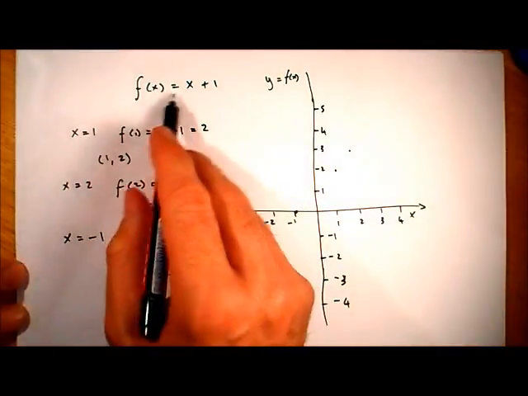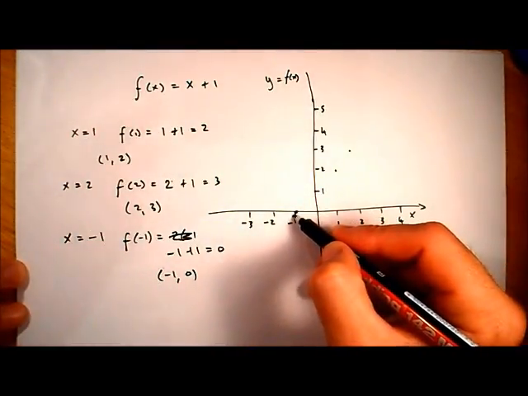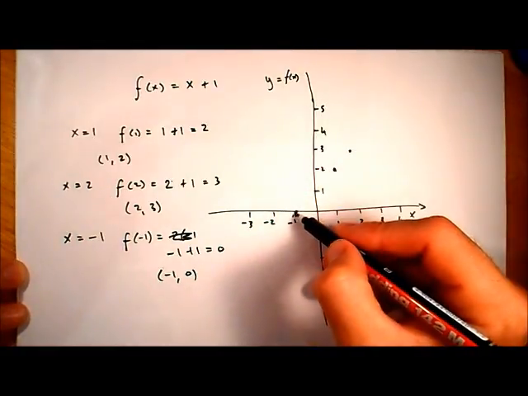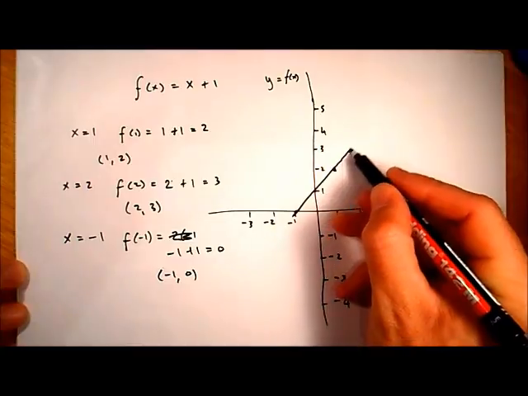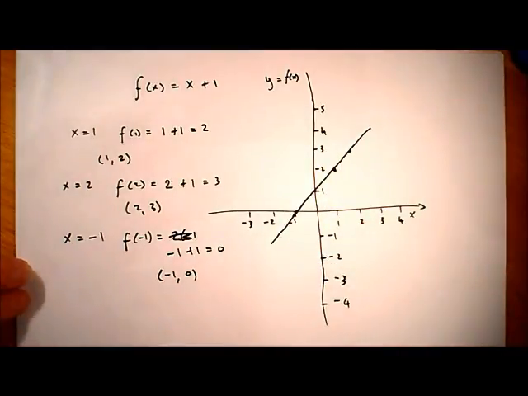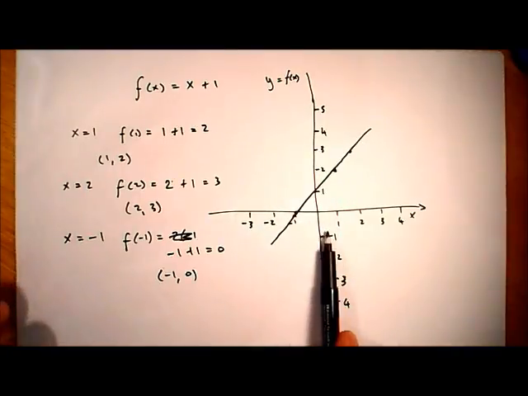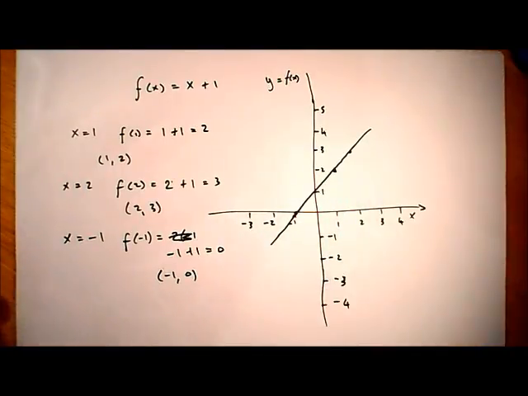So this function, f of x is equal to x plus 1, in order to draw it, and I haven't drawn it to scale, we should get a straight line here. If I'd drawn the axes completely accurately, I would get a perfectly straight line. But that's how we plot functions.